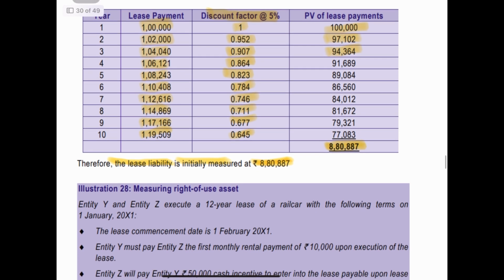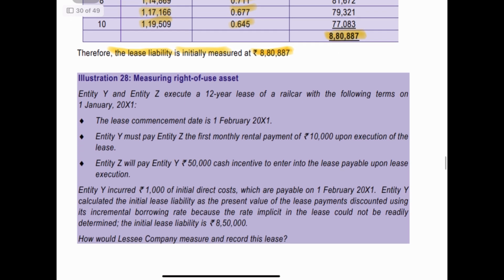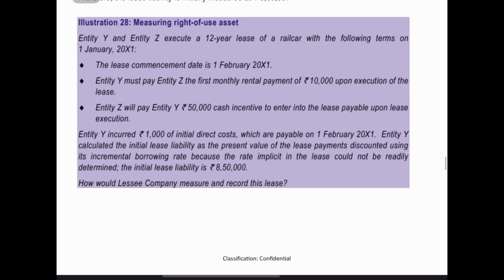Okay, we'll take one more example. So here entity Y and entity Z enter into a 12-year lease of a rail car with the following terms on 1st Jan 2021.